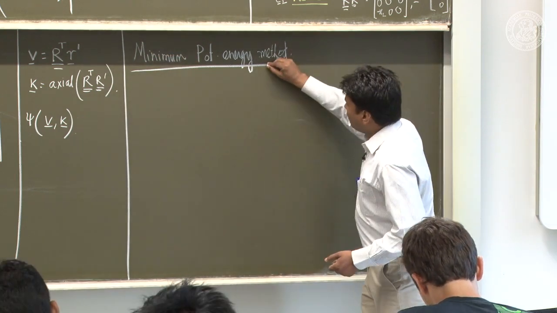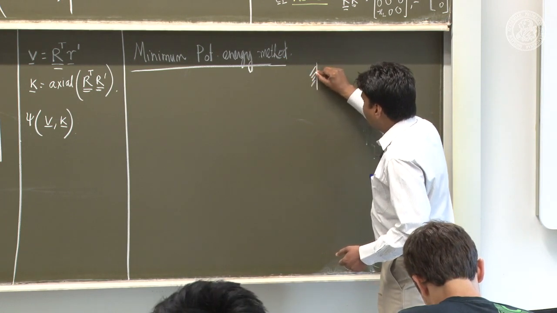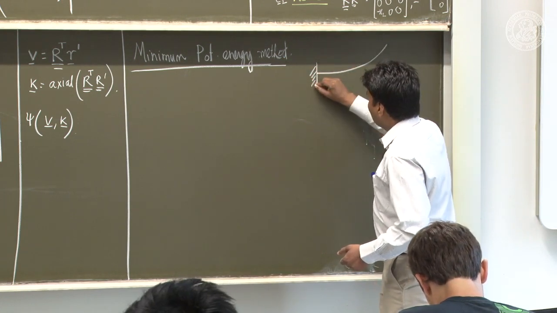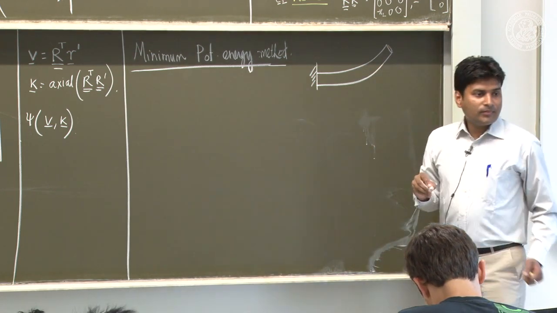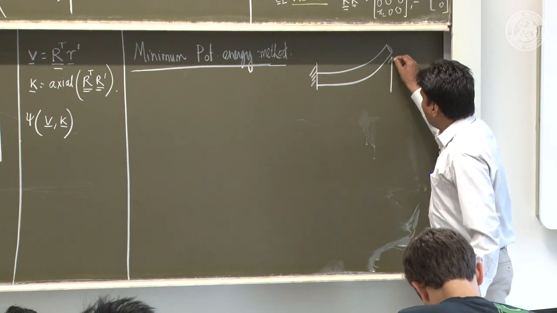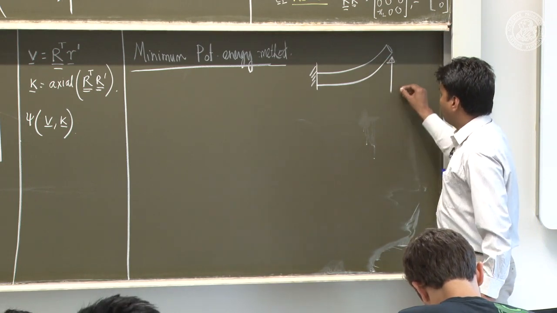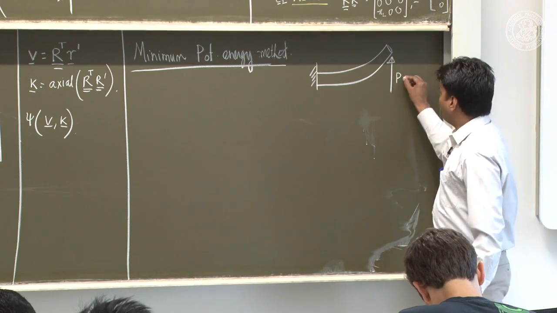So let's work out a simple situation of a cantilever, and you could do it for any other case also. So we have a cantilever and we are applying a load here, let us say P E1.